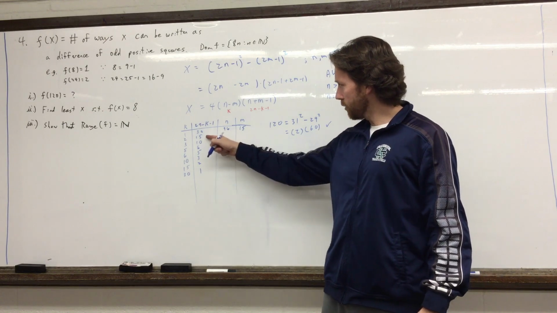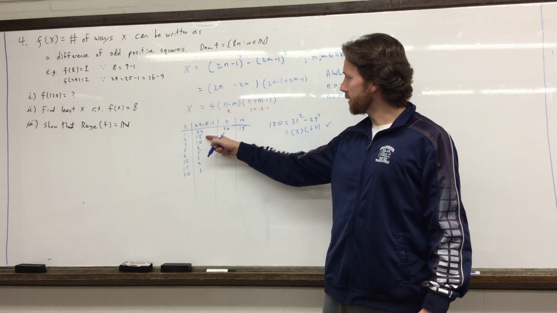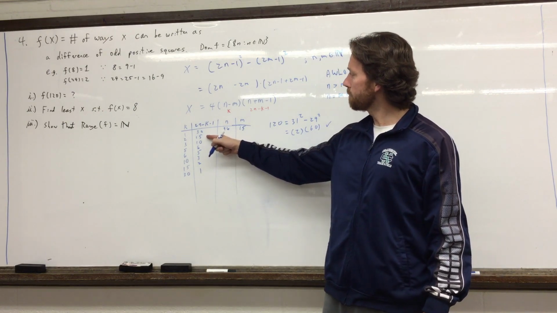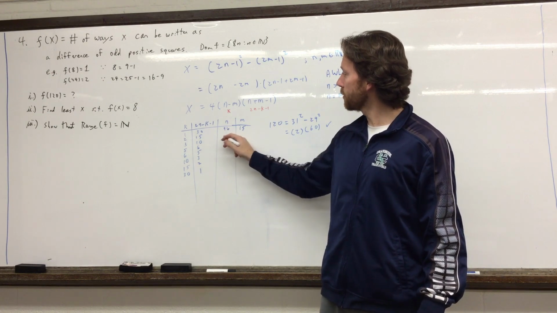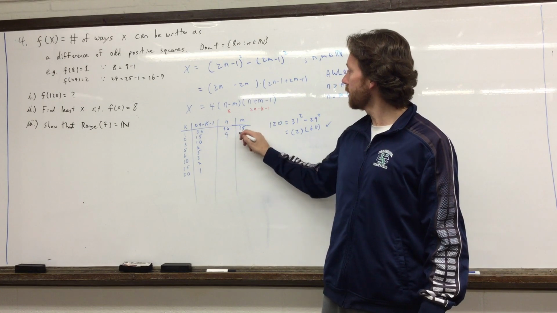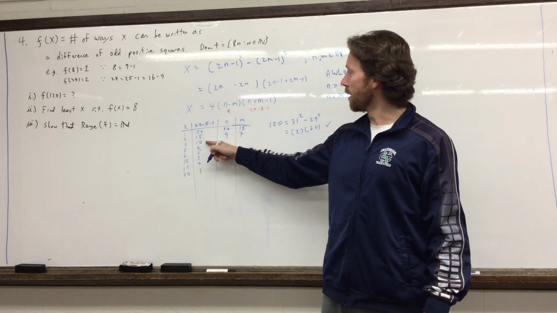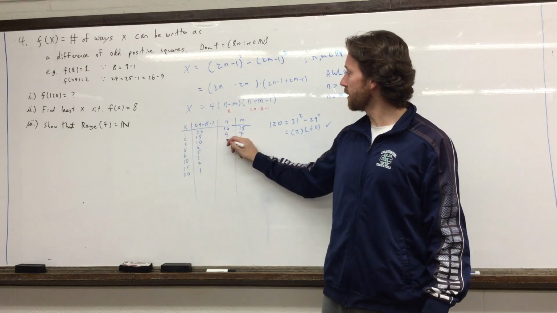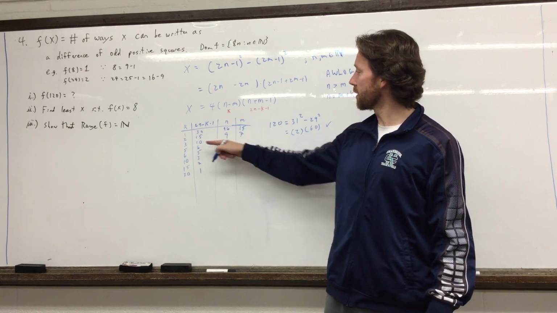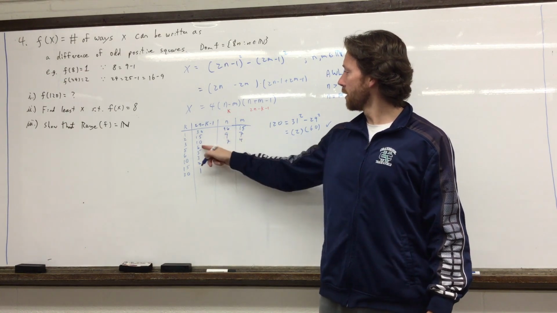Right, so if k is 2, this is n. So we're going to have this number plus 3 divided by 2 gives me 9 and 7. 10 plus 4 divided by 2 gives me 7, and then 7 minus 3 is 4.